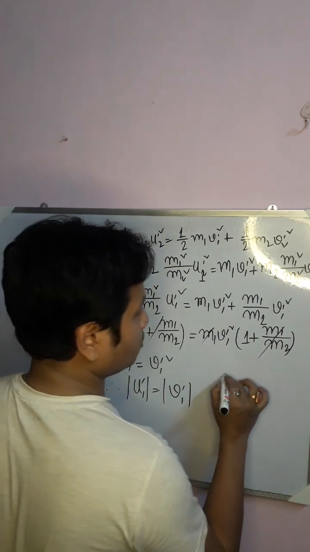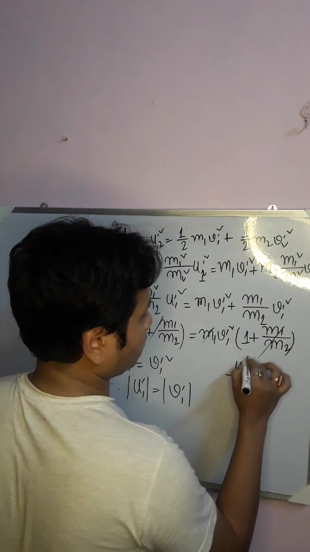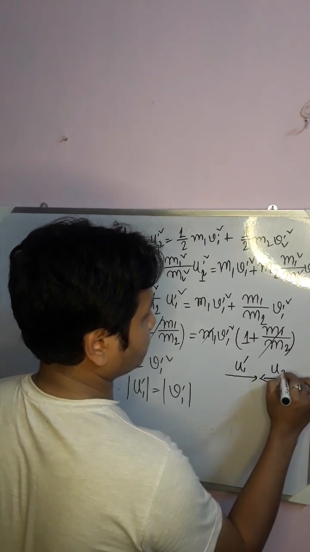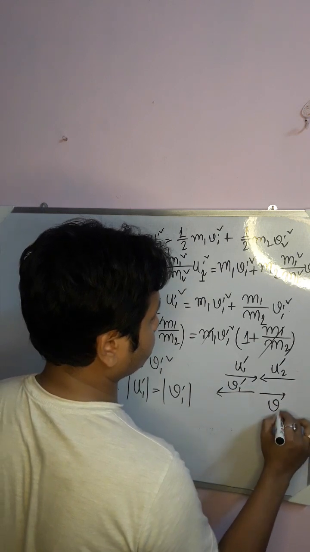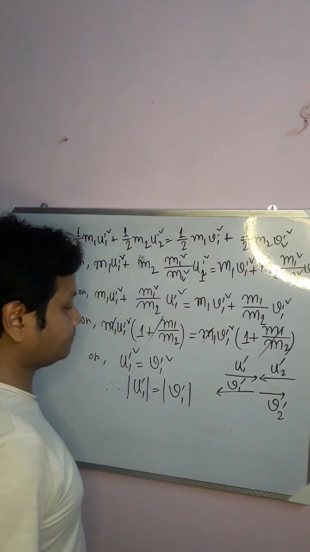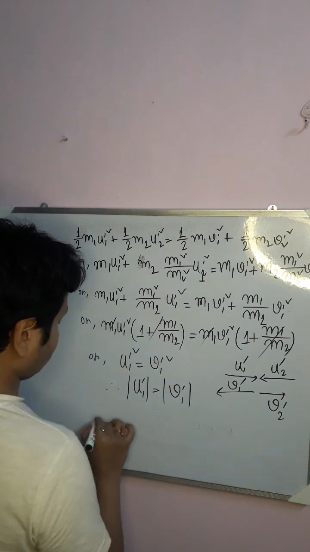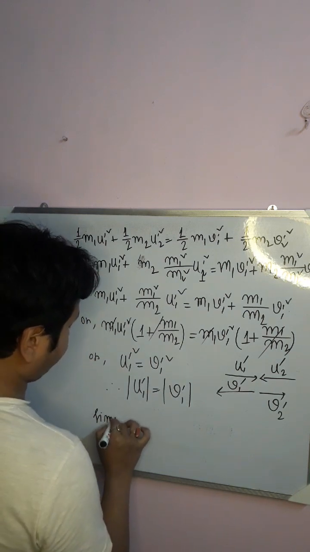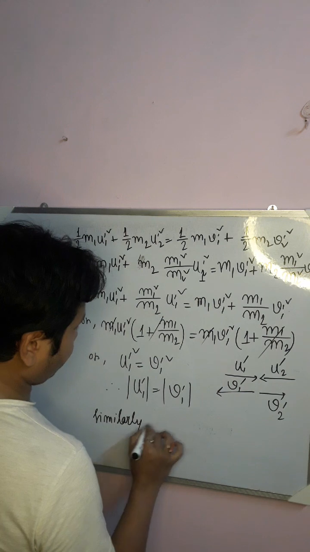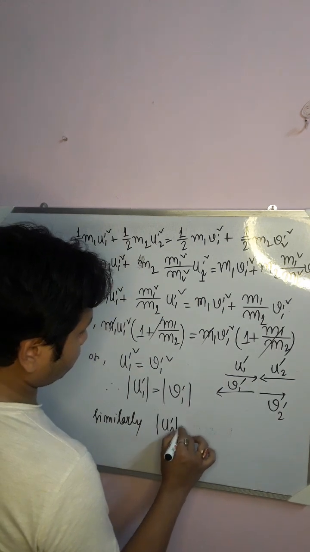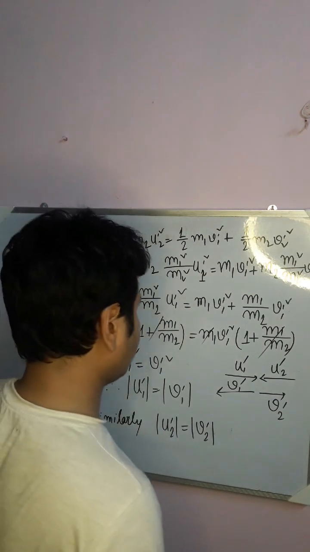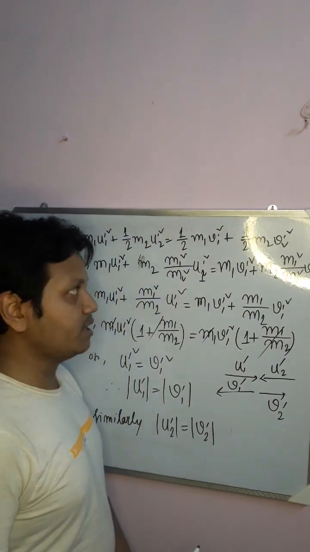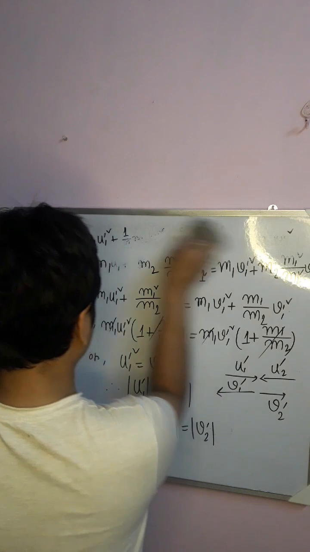So if before collision u1 dash and u2 dash act along this direction, after collision v1 dash and v2 dash will be in the opposite directions. Similarly we can prove mod u2 dash equals mod v2 dash. So velocities before and after collision are the same in magnitude but opposite in direction.